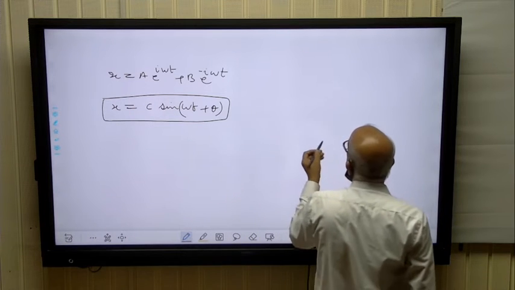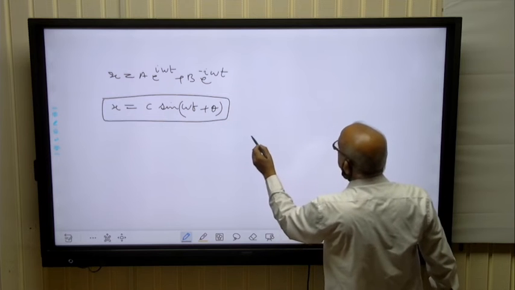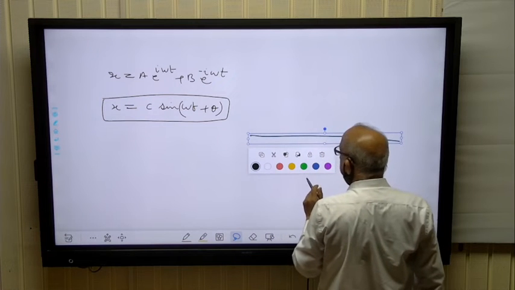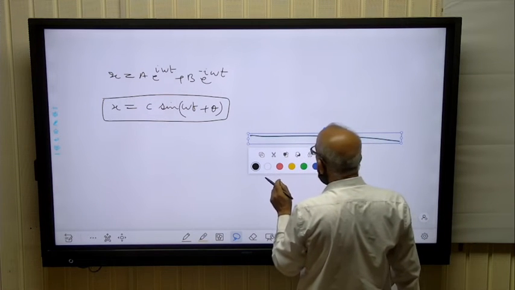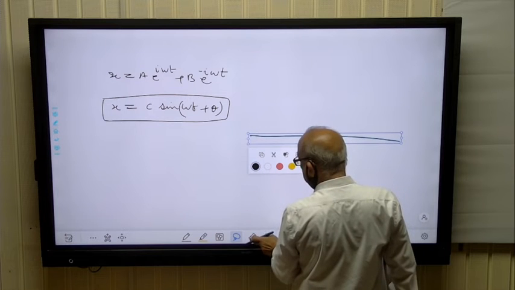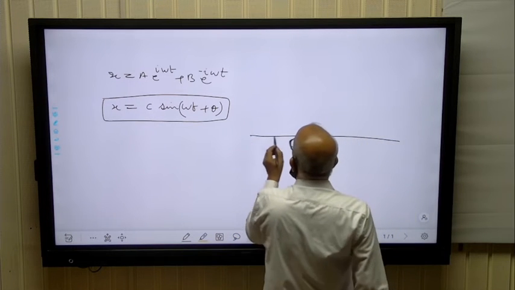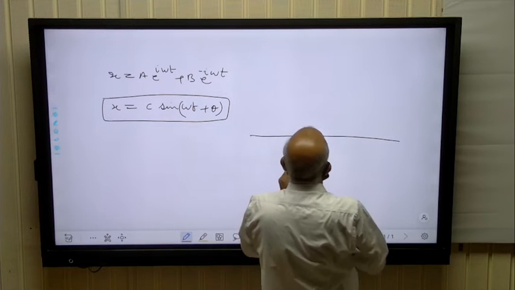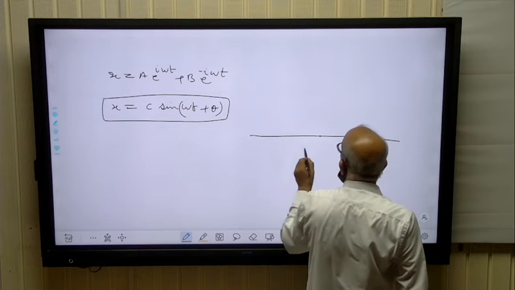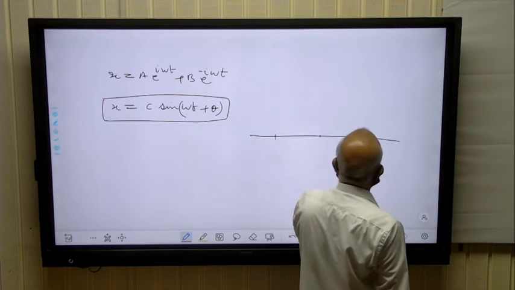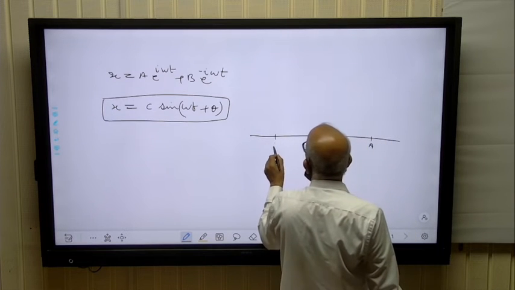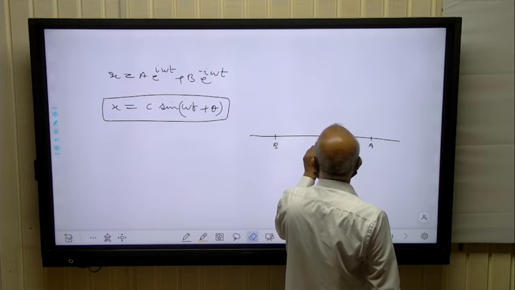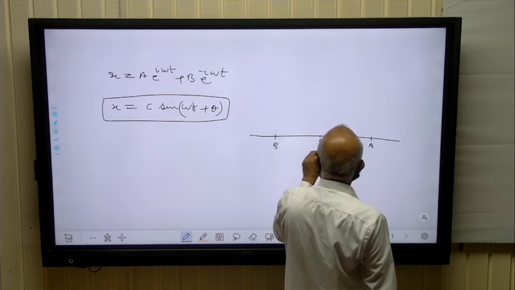To understand the value of theta, suppose this is a straight line, and this is the mean position, and these are the extreme positions on either side. A and B are extreme positions and O is the mean position.